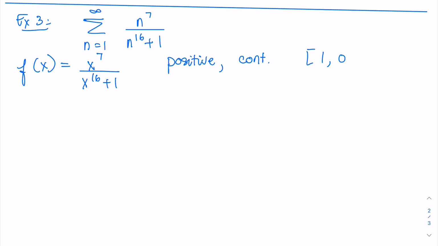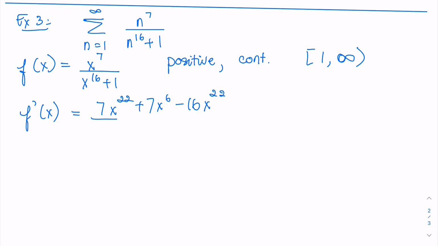Now, to check for a decreasing function, I'm going to go to the f prime function. For f prime, we're going to use the quotient rule. I ended up with 7x to the 22nd plus 7x to the 6th power minus 16x to the 22nd, over x to the 16 plus 1 squared.